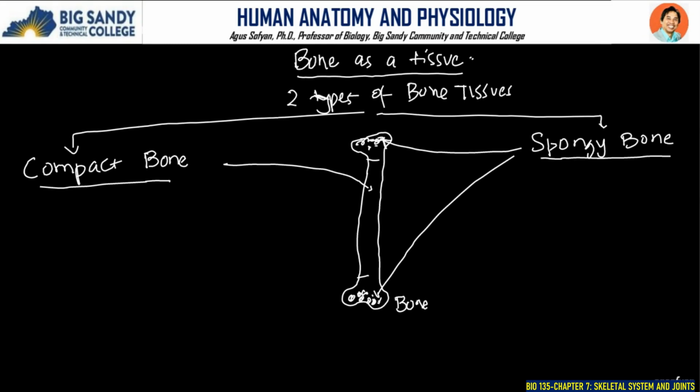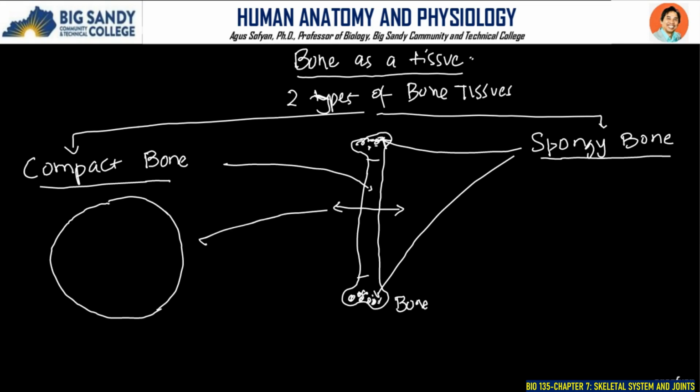Now, if we cut this bone in cross section and look under the microscope, you're going to see a lot of compact bone tissue. Let's say we cut it like this. This gives you this picture, and the middle one is the central canal.